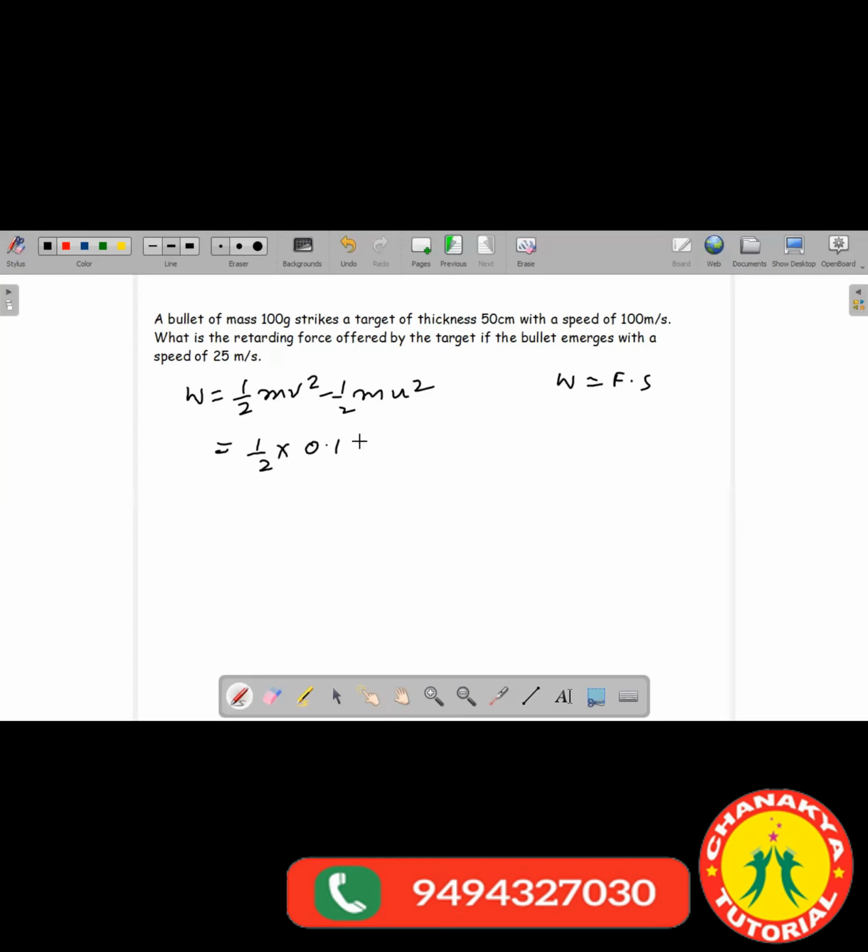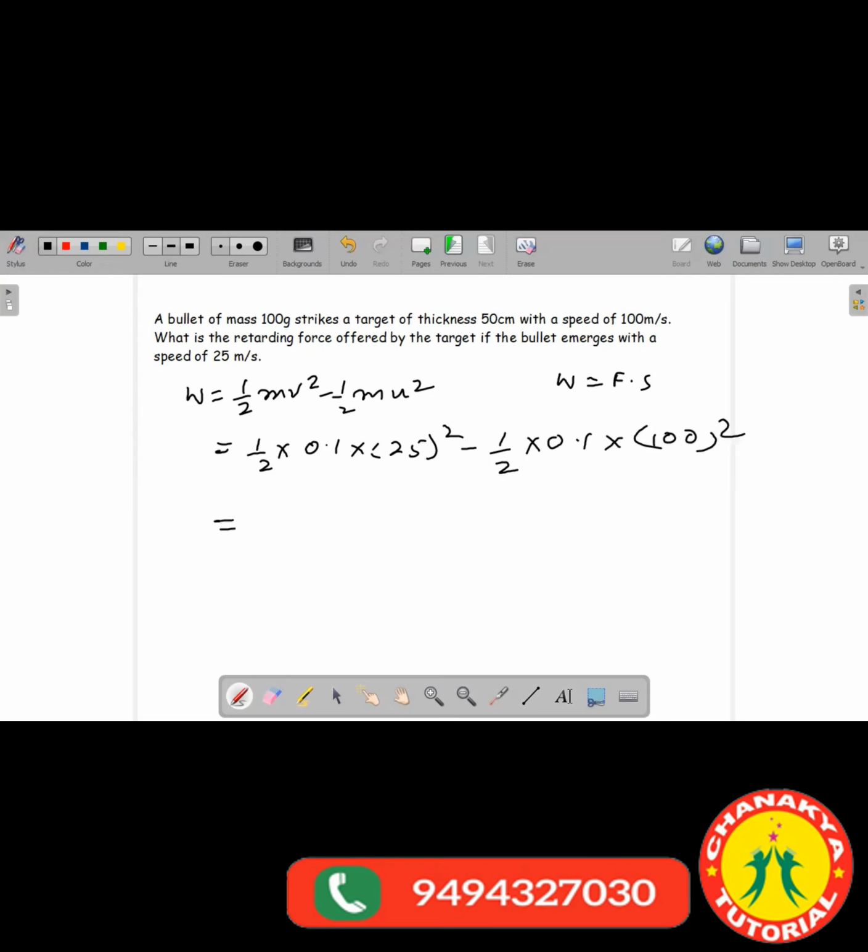You have to put everything in SI unit. It will be 0.1 kilogram multiply v squared, the final velocity of 25 squared, minus 1 by 2 multiply 0.1 multiply u squared, which is 100 meter per second, so this is 100 squared.